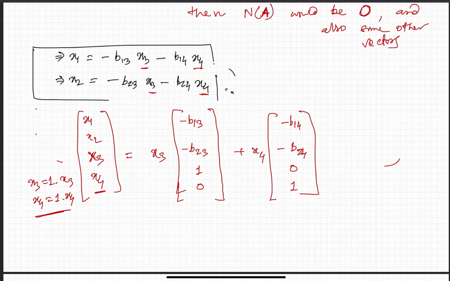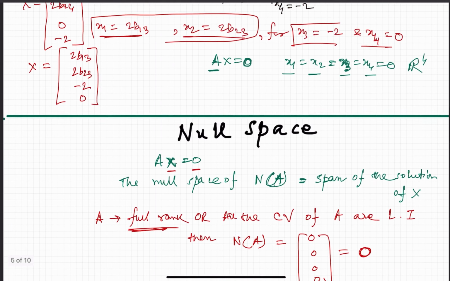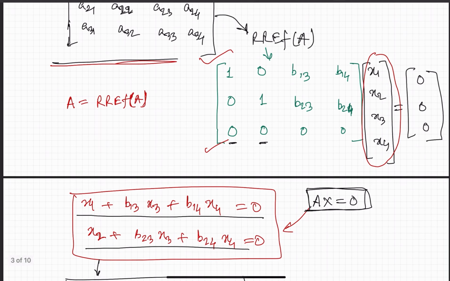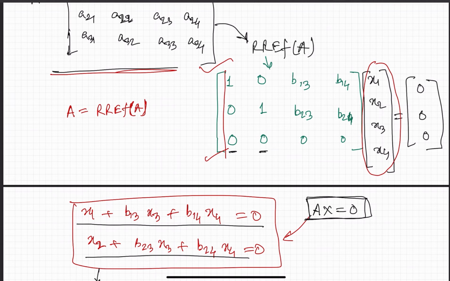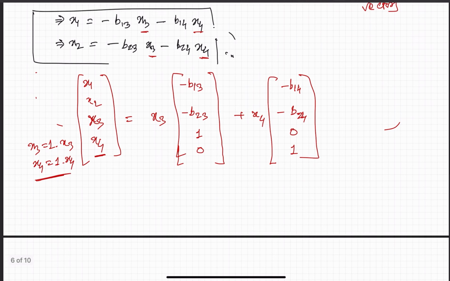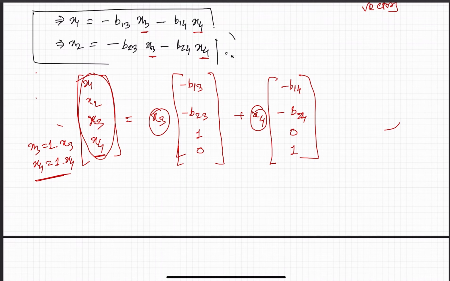So from these two we can see that, as in the A matrix there are two linearly independent columns, we can have any set of numbers for x3 and x4, and for all those sets we can have an infinite number of solutions for x1, x2, x3, x4.